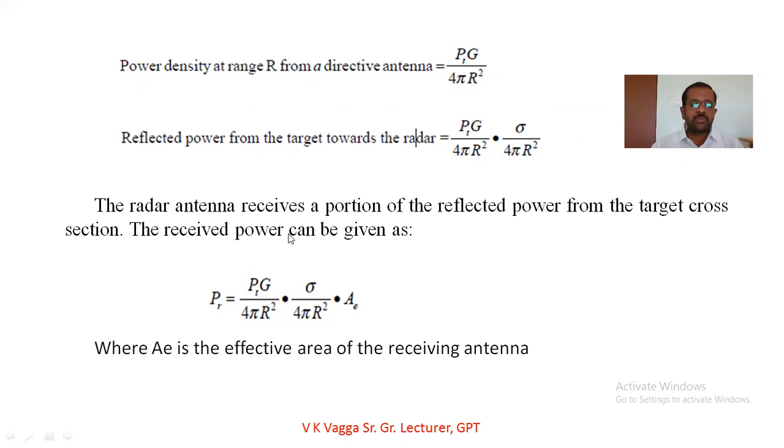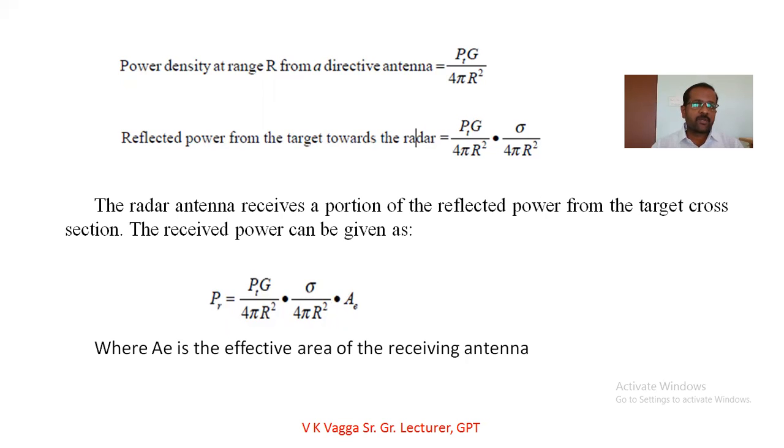If PT is the transmitted power and PR is the received power, then PR is equal to PT into G divided by 4 pi R square into sigma divided by 4 pi R square into AE. In this, AE is the effective area of the receiving antenna. If the reflected power density is multiplied with the effective area of the antenna, it gives you the reflected power.